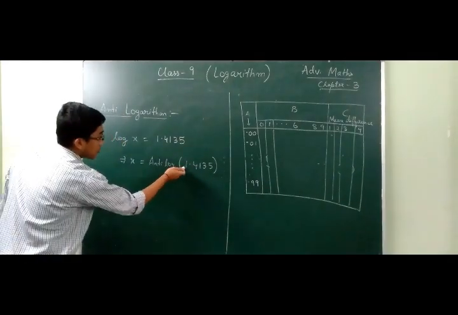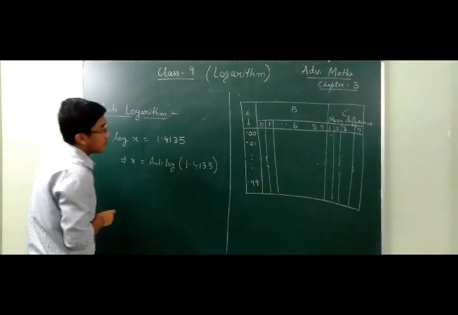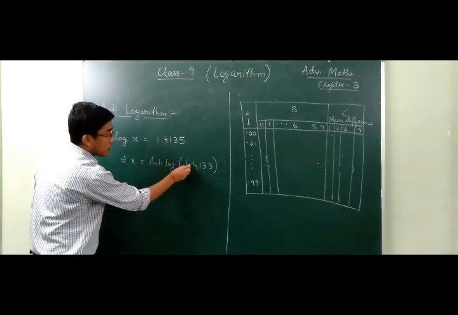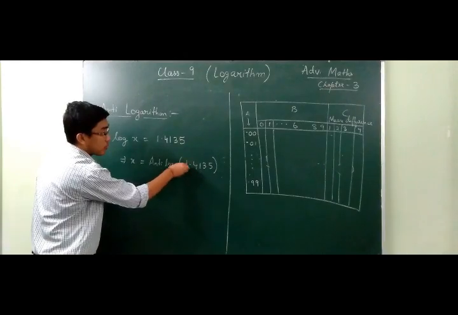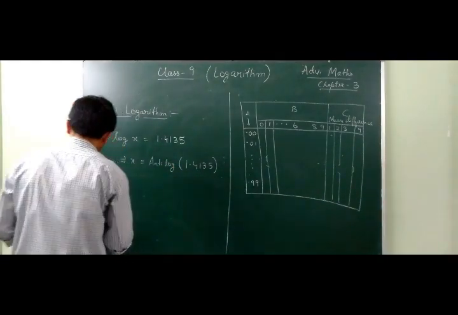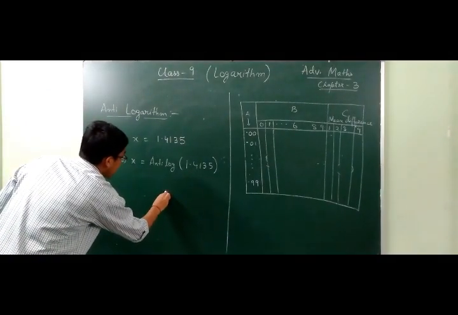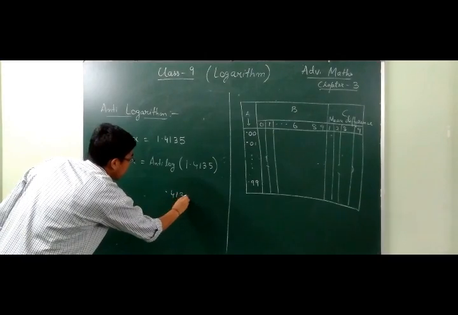First we ignore the digit which is before the decimal. Here 1 is before the decimal point, so we ignore this 1. We consider only this much, ignoring 1.